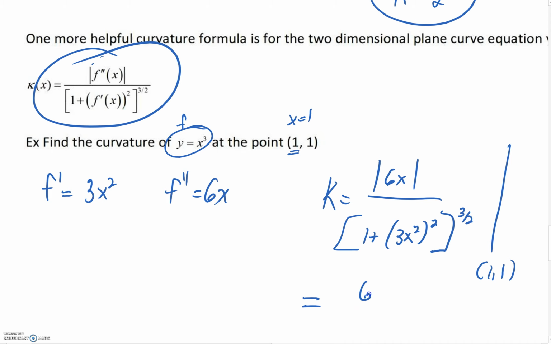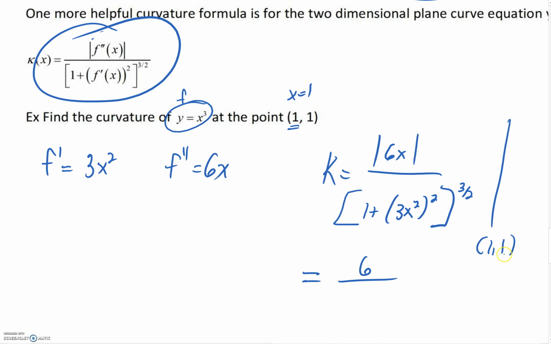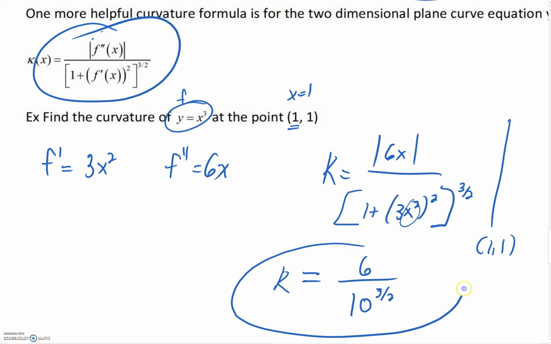So what's our numerator? Well, it's going to be the absolute value of 6, which is just a 6. Plug in a 1 right here. 3 times 1 is 3. Square it, you get a 9. 9 plus 1 is 10. It's okay for kappa to be an ugly non-integer number. And that's your curvature, 6 all over 10 to the 3/2.